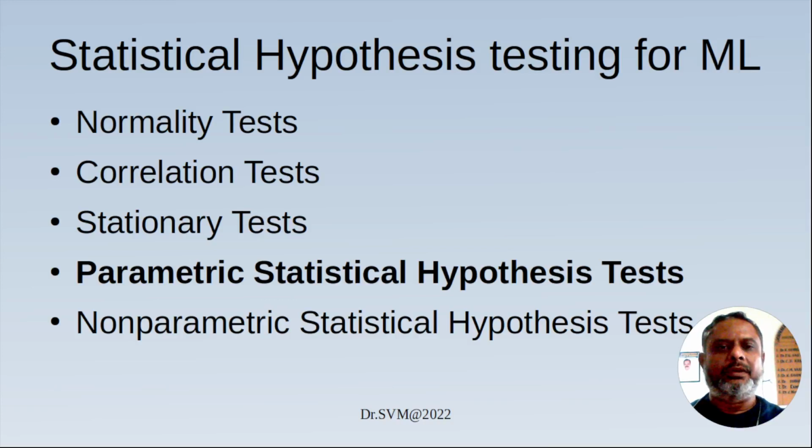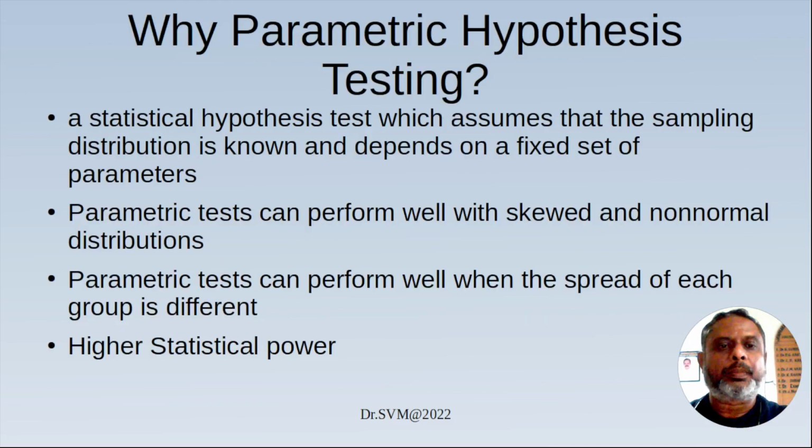Now let's continue further, look into the various parametric statistical hypothesis tests available for machine learning. Parametric hypothesis testing is a statistical hypothesis test which assumes that the sampling distribution is known and depends on a fixed set of parameters.